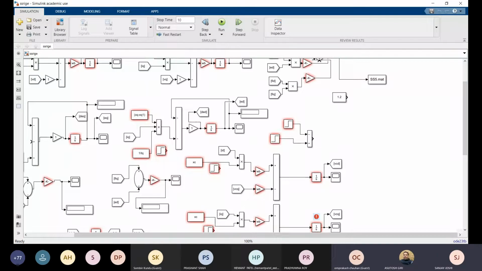Yes, now your window is appearing. Now, is it visible now? Yes, sir. Command window? Yeah, command window and that Simulink window is coming.